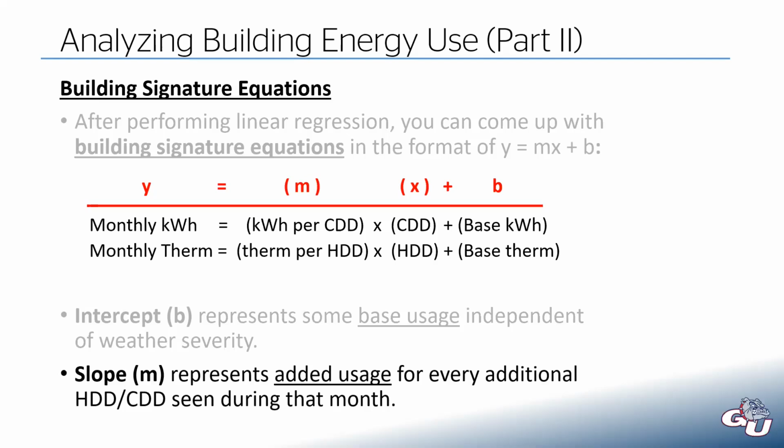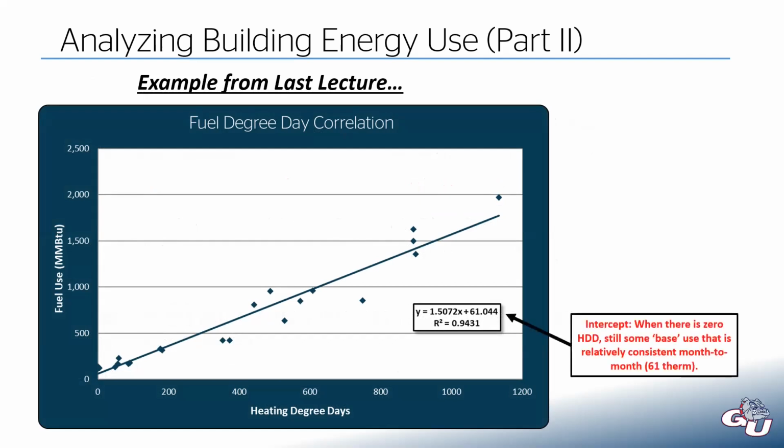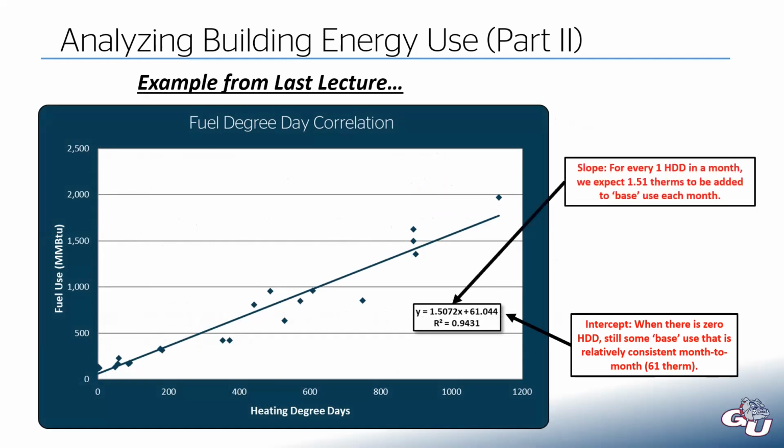This is just reviewing what we talked about last time. From last lecture, we had this chart. So there's our equation. We have an intercept of 61 therms, so they'll use about 61 therms every month. And then they'll use an additional 1.5 therms for every heating degree day in that month.